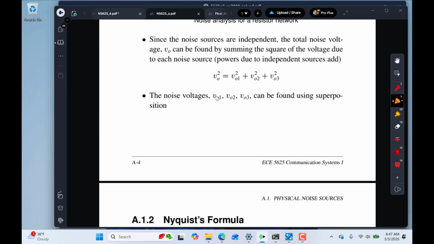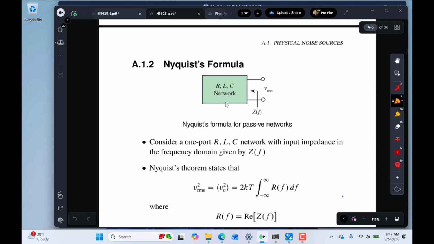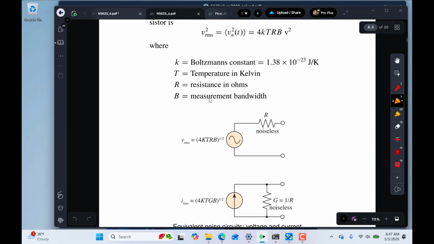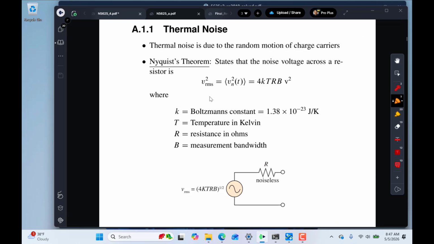So we could do it using superposition, or you can use Nyquist's formula, which is kind of like the next step beyond Nyquist's theorem, which sits right here. When we have a resistor involved, we just assume a bandwidth that we're making the observation, kind of like you have with the spectrum analyzer when you set the resolution bandwidth.